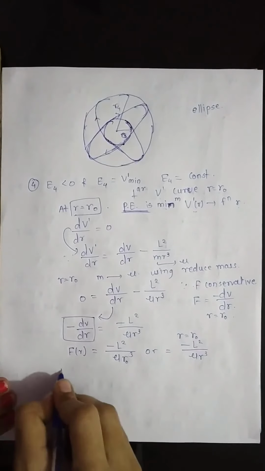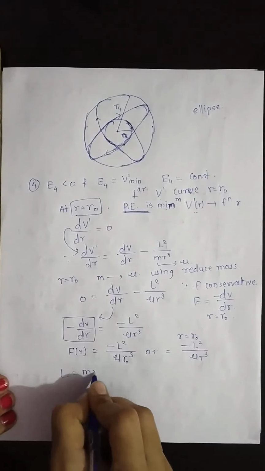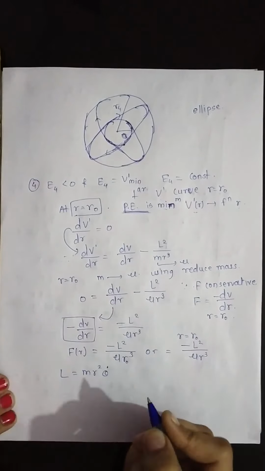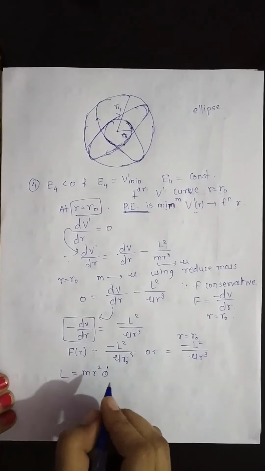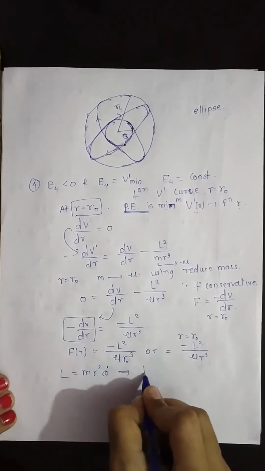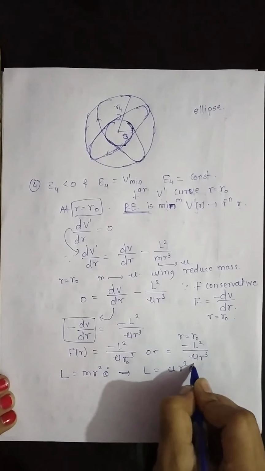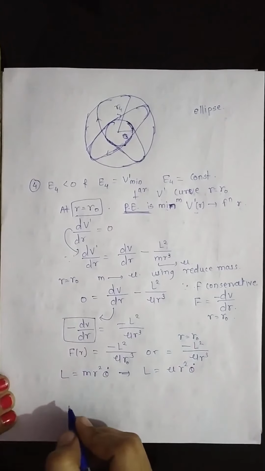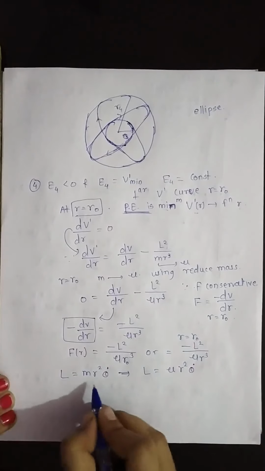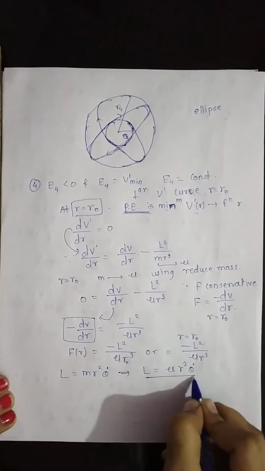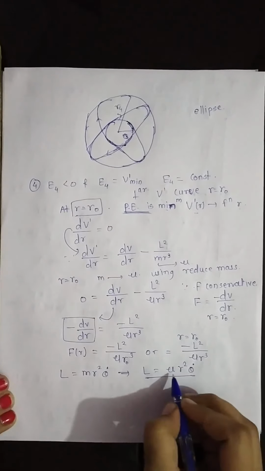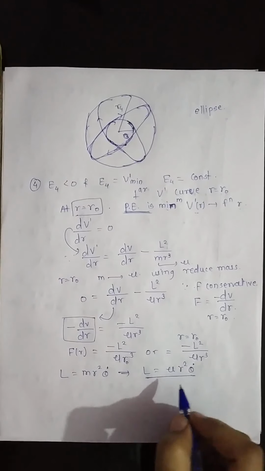Now since we have defined angular momentum as m r square theta dot, which is well known to you, here we will replace mass with reduced mass, that is mu r square theta dot. Now we will use this value of L square.